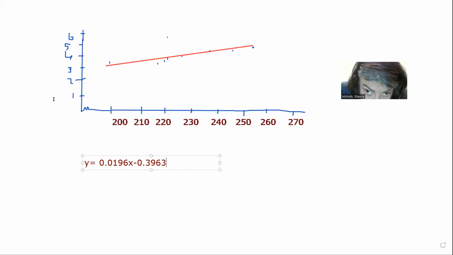So that's your regression with your, and remember, this x represents the average distance.